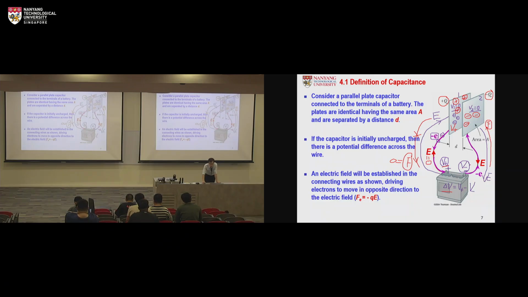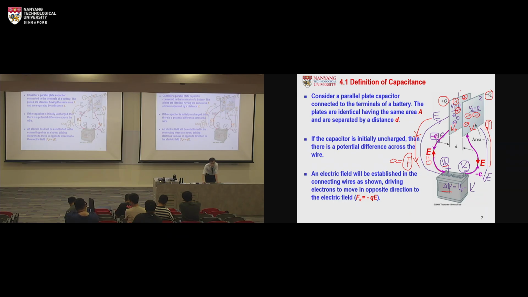And similarly, for this plate 2, eventually it should be V minus, same as this end. So then there will be no delta V, and also E and F are going to be 0. Right?